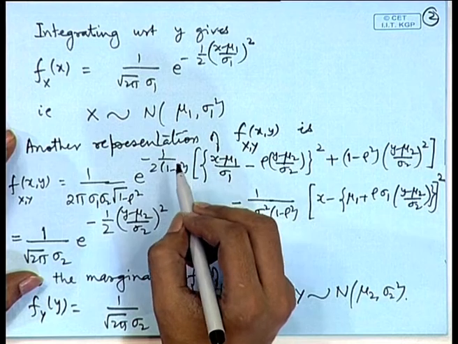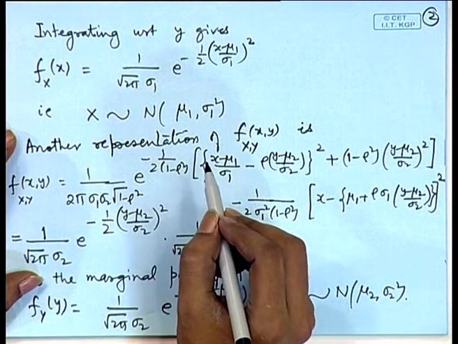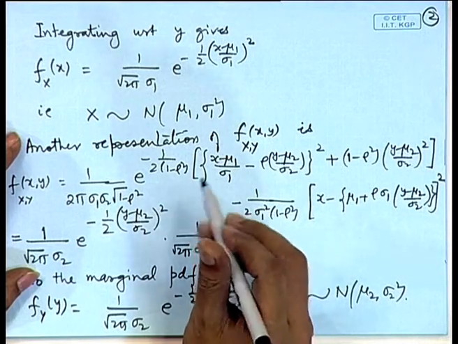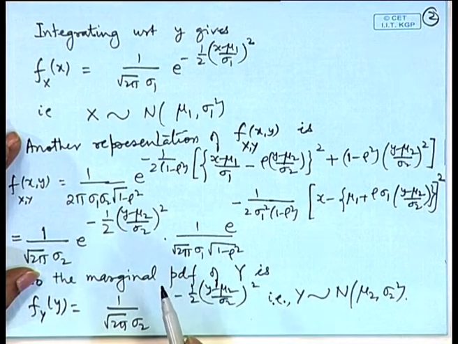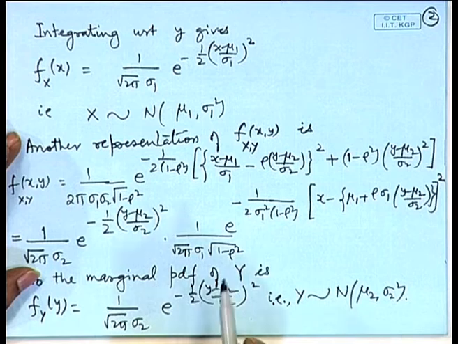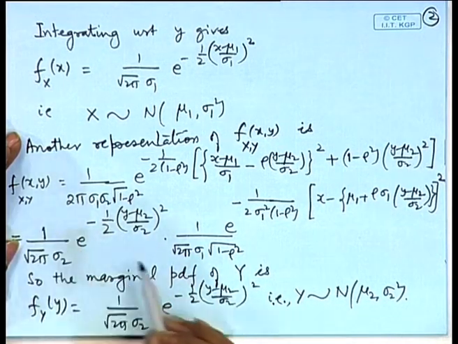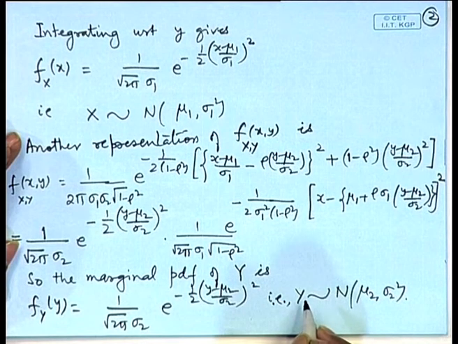Now, we also calculate the conditional distributions of x given y and y given x. If we look at the conditional distribution of x given y, then we have to divide the joint distribution of (x, y) by the marginal distribution of y.